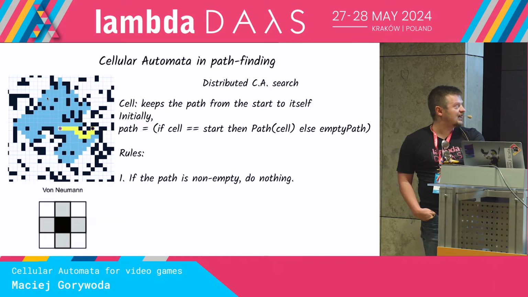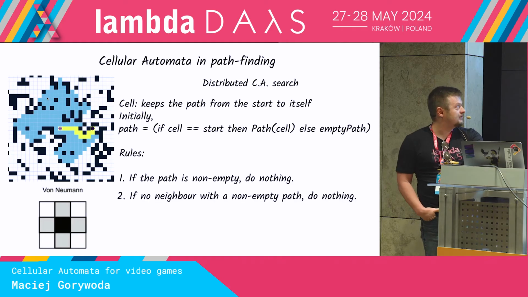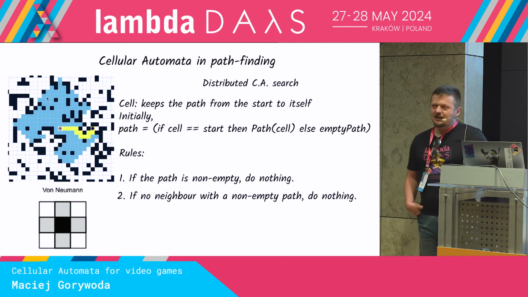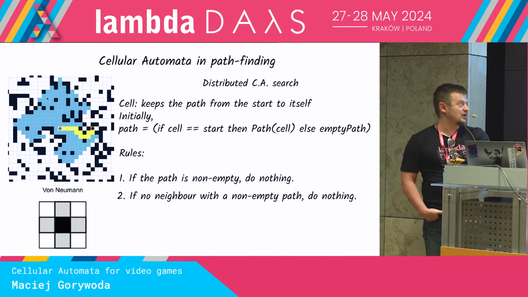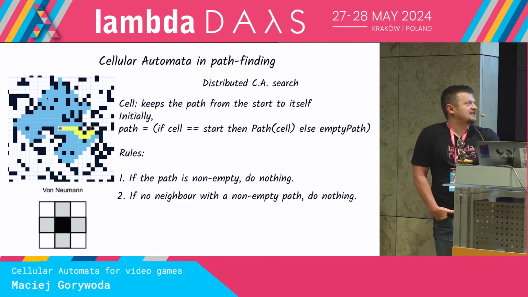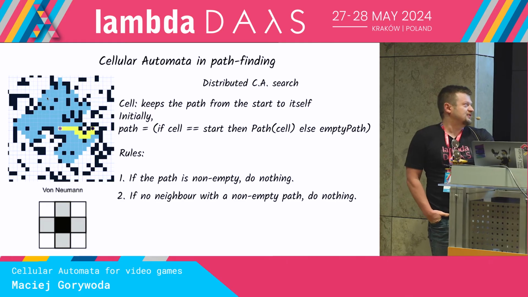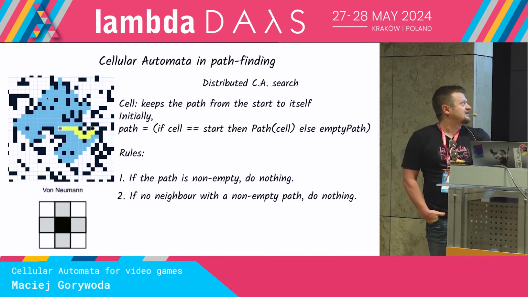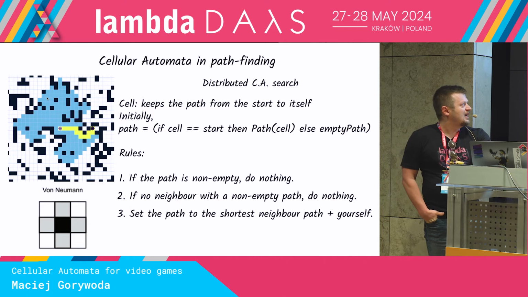And then, in every iteration of our loop, we go through these rules. If the path is non-empty, so we already established that there is a path to the start point, then we do nothing. If there is no neighbor for the given cell that actually has a path, then we do nothing as well. So 99% of the cells will just do nothing every turn, at least at the beginning of the whole algorithm.